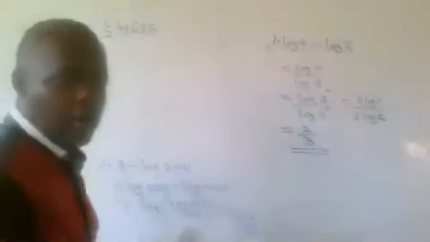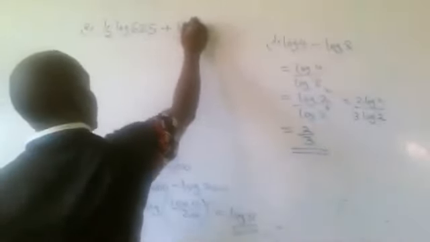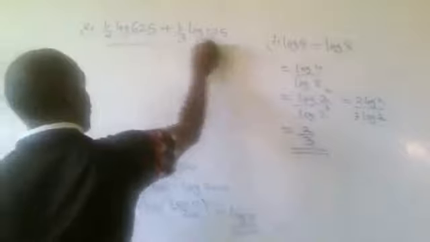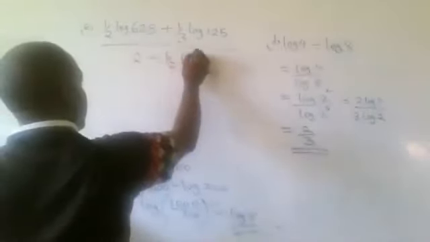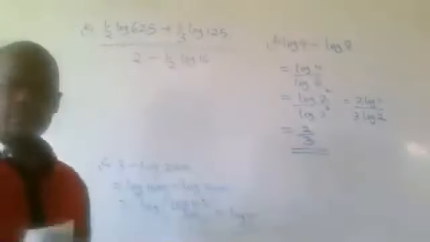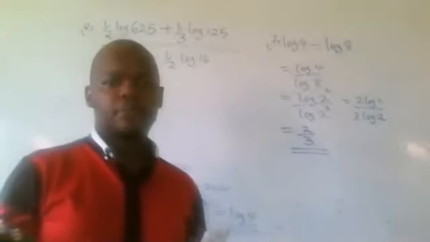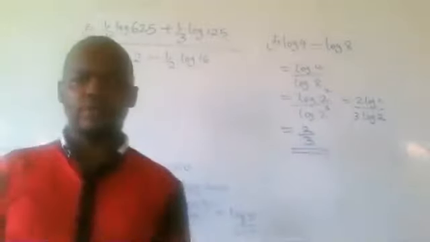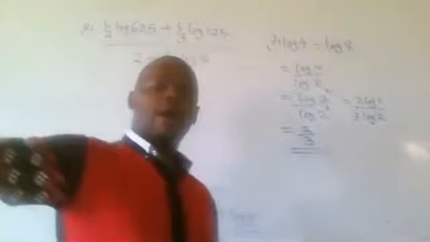Another one. Half log 625 plus a third log 125 over 2 minus half log 16. So in the numerator there, we have the half log 625. So half log 625 is log 625 raised to power half.